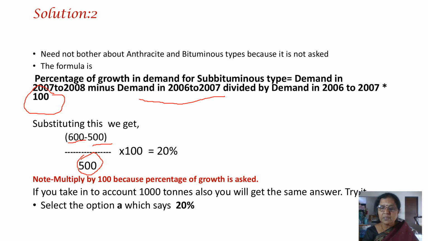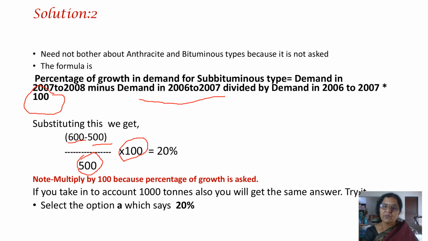See, always the growth is from the first thing; only from the first thing you grow to the second thing. So it should be divided by the base number, which is 500, because in the previous year, the first year, the demand was 500,000 tons. So you divide it by 500,000 tons into 100. What is the percentage? The growth of this 600 from 500 is for this 500,000 tons.